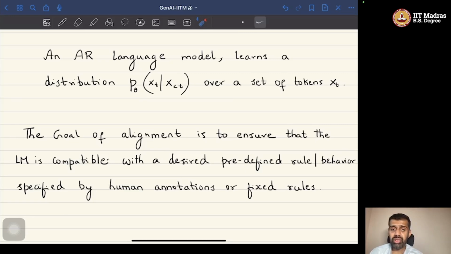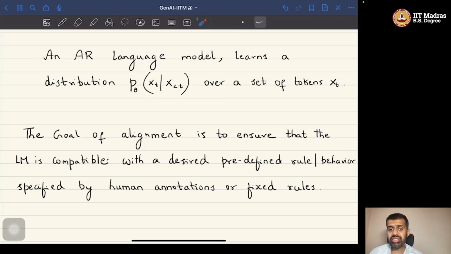Now, based on the ratings or the judgments that the human beings make, the language model has to be retrained or rather realigned to ensure that the judgments that the human beings have made on the output given by the language model are in alignment with what the language model is going to output in future.